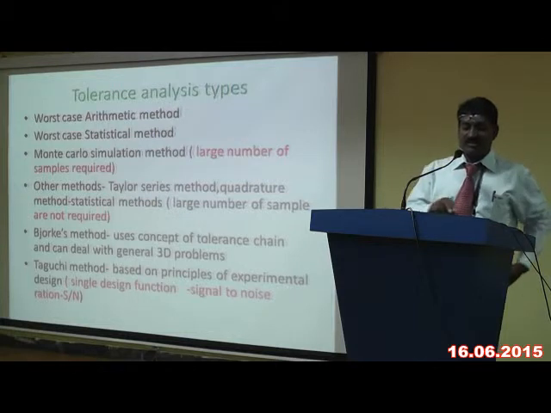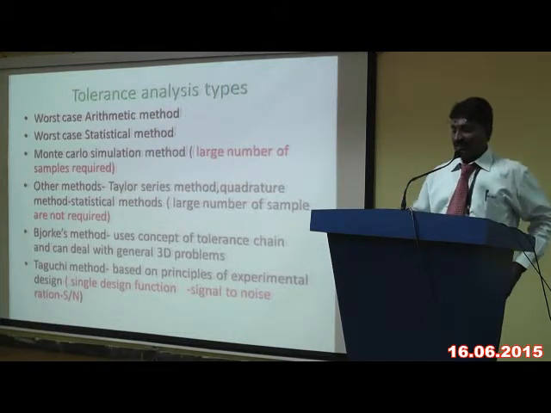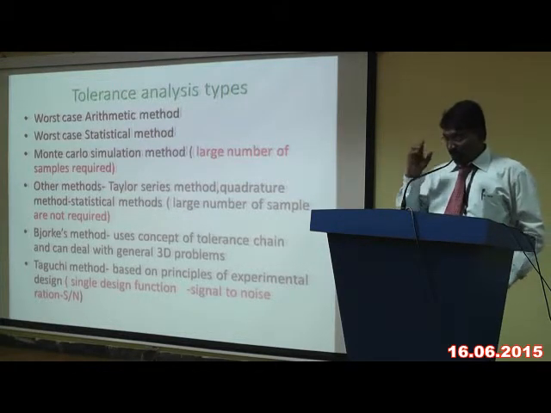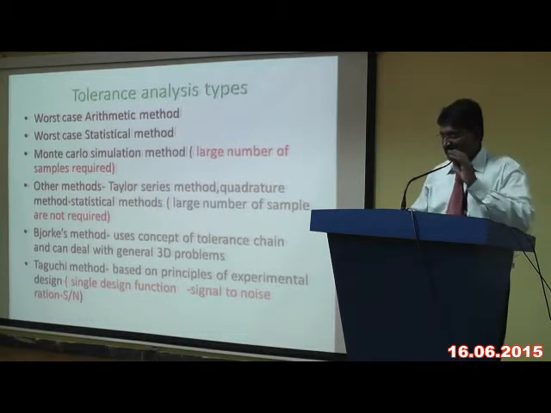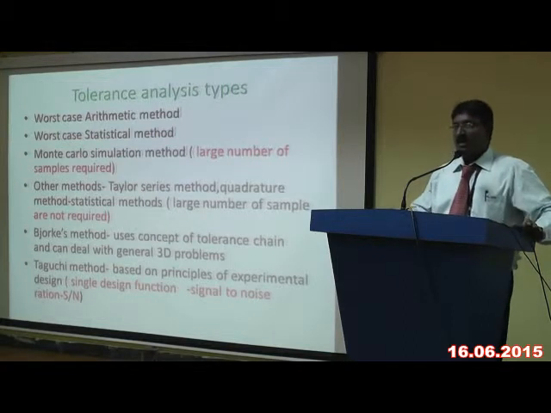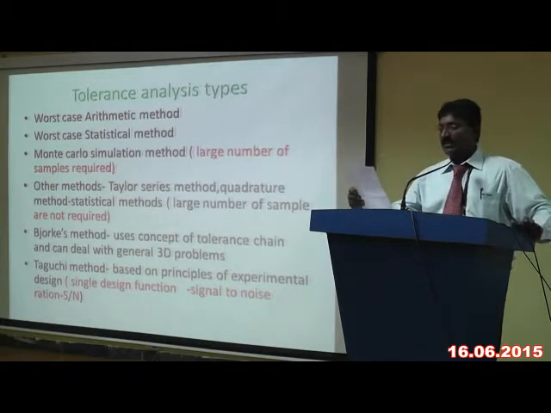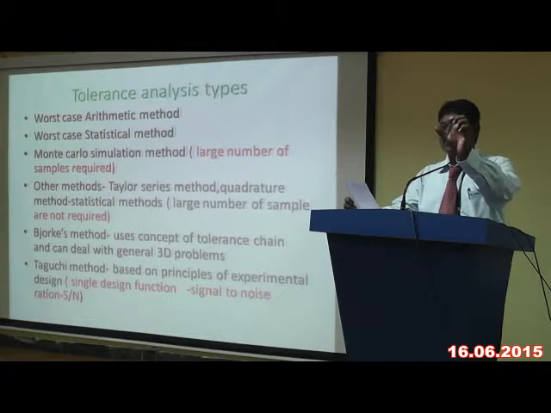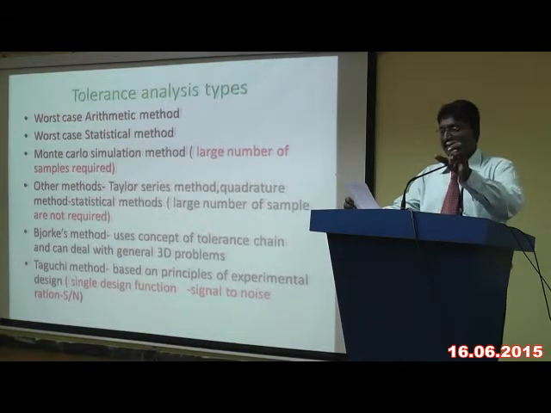What are all the conclusions? What is Fn? In worst case statistical tolerance analysis or arithmetic analysis, what are all the things we have to find? Fn, this is the nominal dimension. Then Fmax, the maximum dimension. Fmin, the minimum dimension.